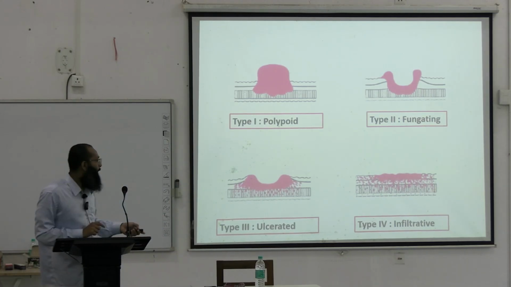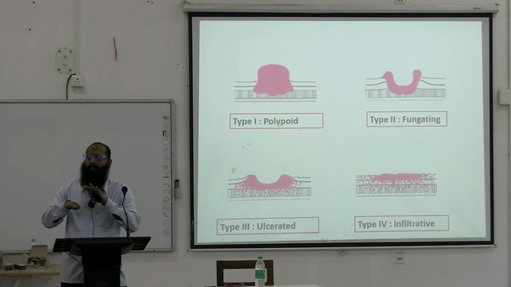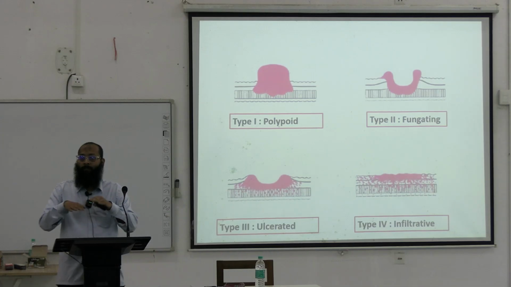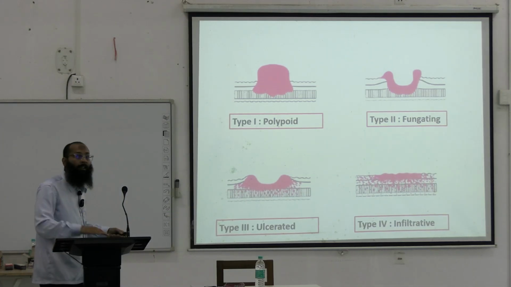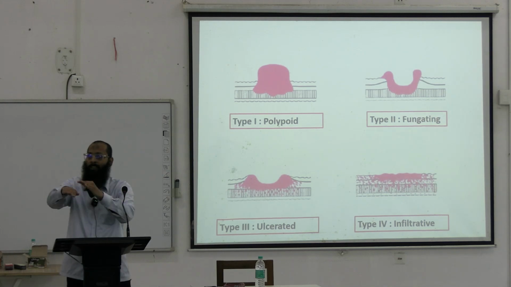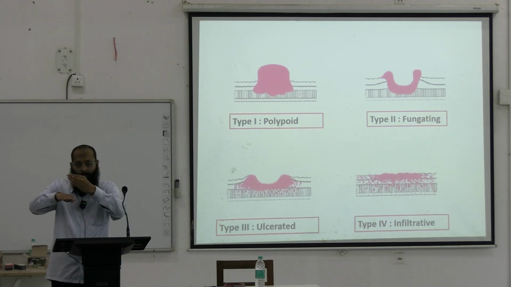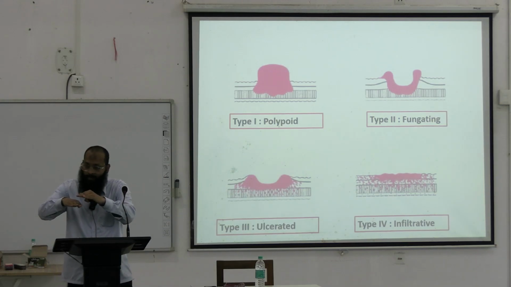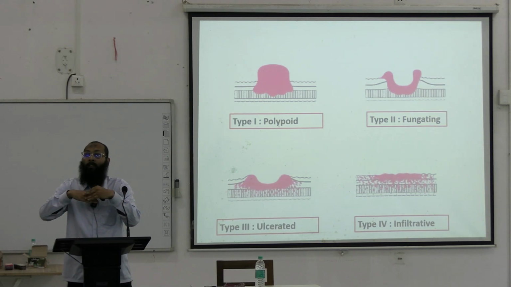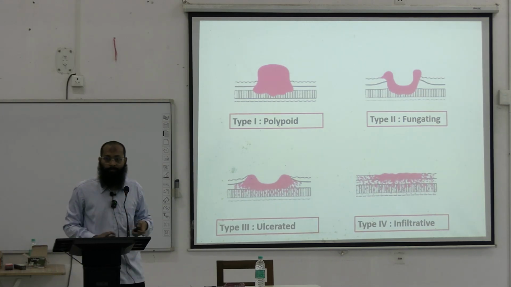Okay, clear? Third one is ulcerated. Here, just like the fungating, all the things are the same, except that the cells are infiltrating the surrounding gastric mucosa. Clear? Means, suppose this is the gastric mucosa, the margins are elevated, at the center there is an ulcer, but the cells are infiltrating into the surrounding gastric mucosa. Clear?